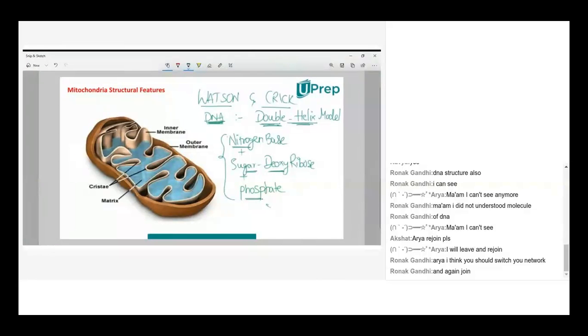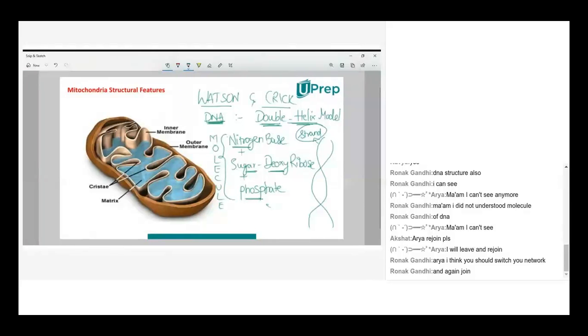Now, such a DNA molecule, here, this is the molecule. Such DNA molecules are arranged like this. When the molecules are arranged like this, each arrangement we call a strand.